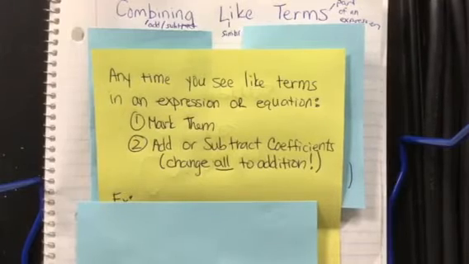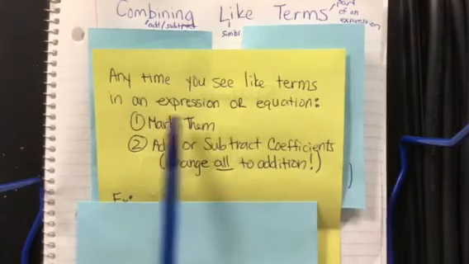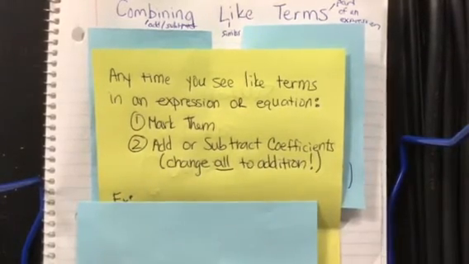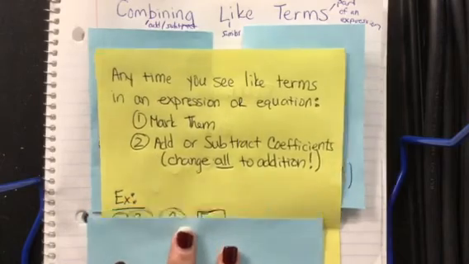We just change the sign of the next number to its opposite. It will make your life easier in the future, I promise. And we'll talk about what that looks like. So anytime we see like terms in an expression or an equation, we're going to mark them, and then we're going to combine them by either adding or subtracting.